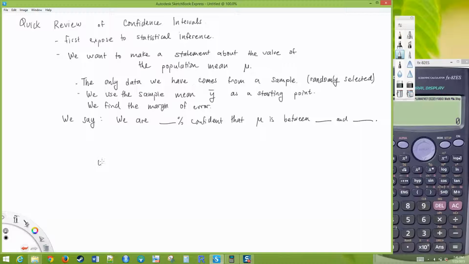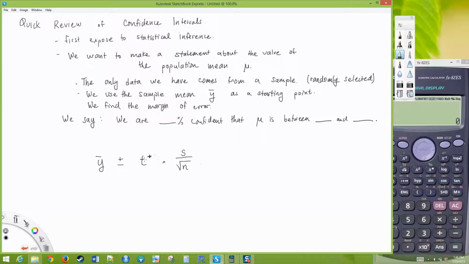Okay, and so at the center of the interval we put y bar, and then our margin of error, the plus or minus part, is the combination of a critical value and the standard error, which is S over the square root of n.